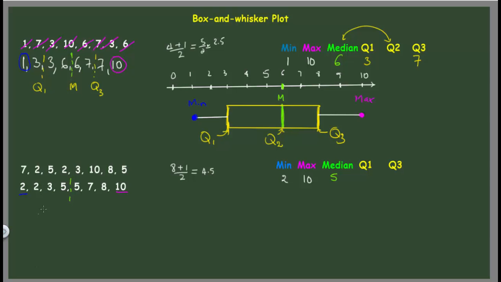Otherwise, you can add these two numbers, 2 plus 3, divided by 2, and this is giving you 2.5. So we have in here our first quartile, Q1, and it is 2.5.